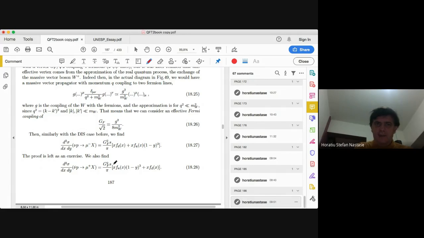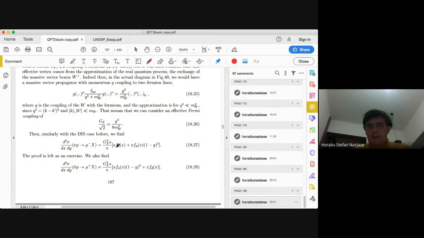All right, so similar to the deep inelastic scattering of electron off of proton, we can do the same thing in here. The only new thing is that now I have this at low energy. I have this Fermi interaction, so I can write G Fermi squared. So instead of writing G squared over 4 pi MW squared, I write G Fermi squared over pi.